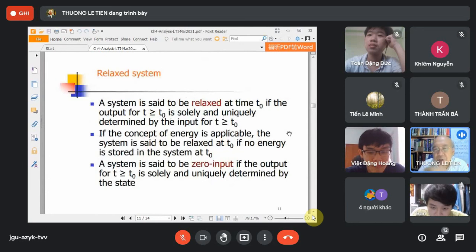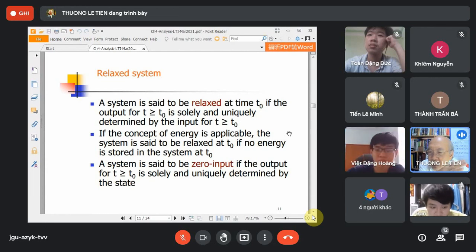What is a relaxed system? Very simple. At the time t0, if the output is solely determined by the input for t greater or equal to t0, the system is relaxed. In terms of energy, no energy is stored in the system at t0.